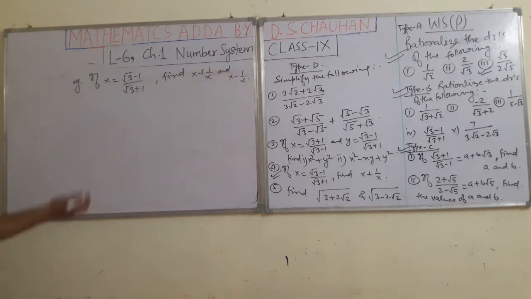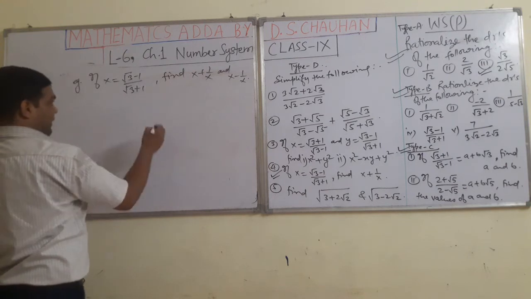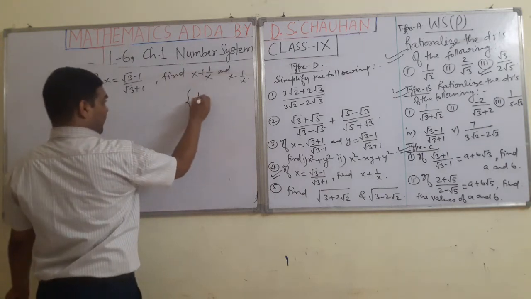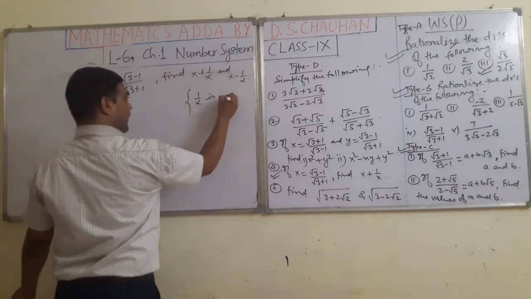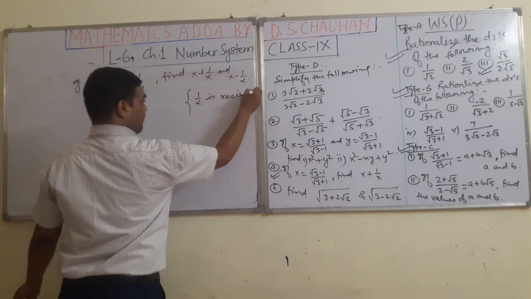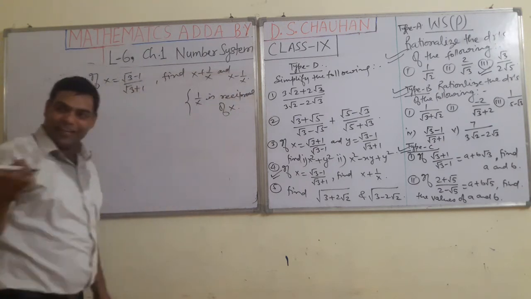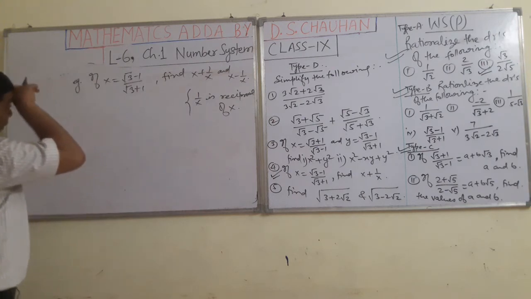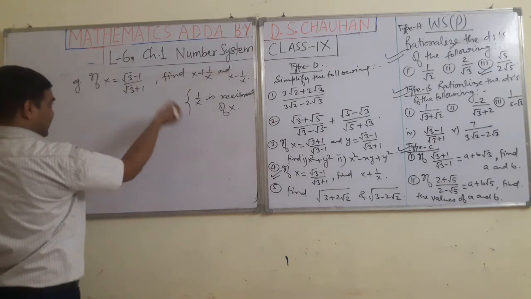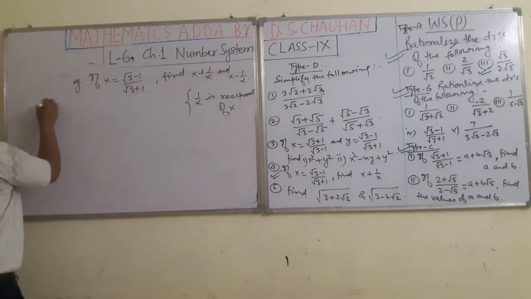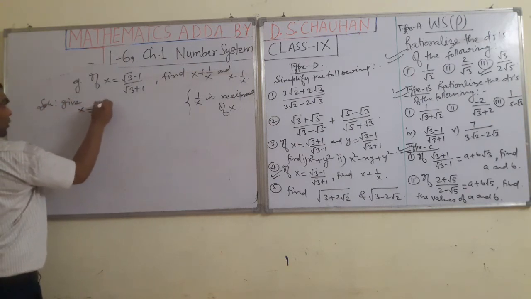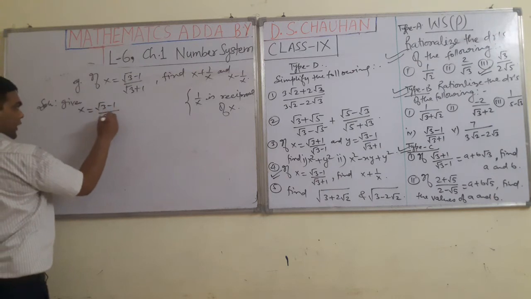See how to do it easily. If you look clearly, 1 by x is the reciprocal of x. All of you know it. So how to find out 1 by x? Solution: given x equals (root 3 minus 1) upon (root 3 plus 1).